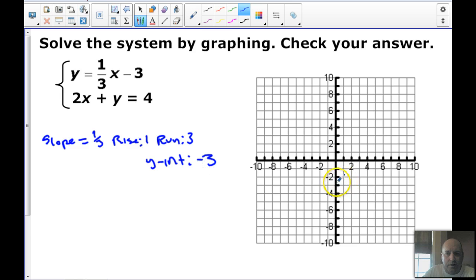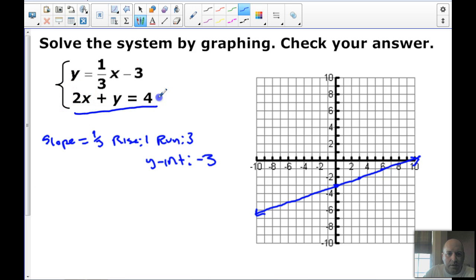So I go to -3, go up 1 and over 3, and keep continuing that trend until I get a pattern in which I can draw a line. Same thing going back this way. You try to get it as close as you can so you can find the correct point.